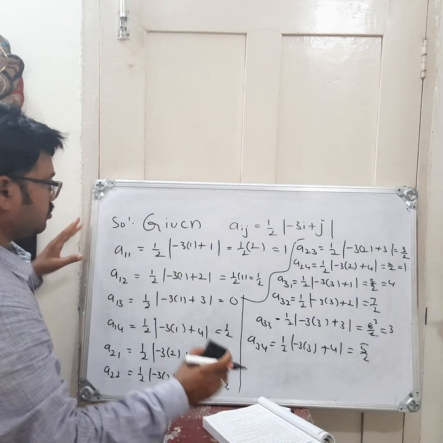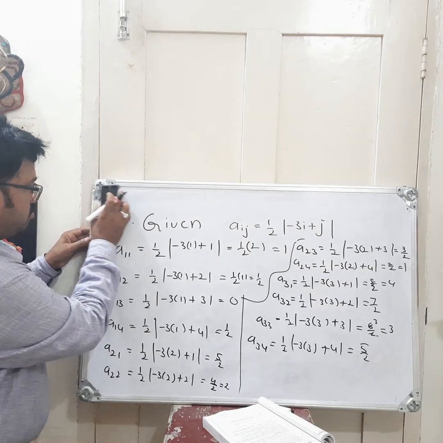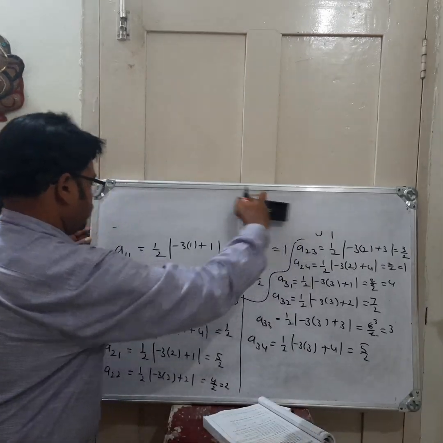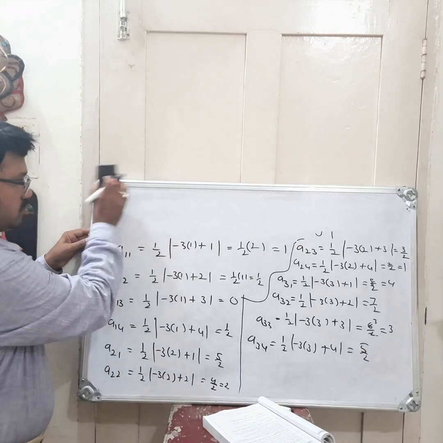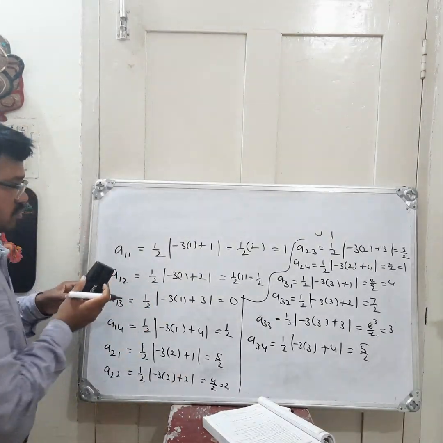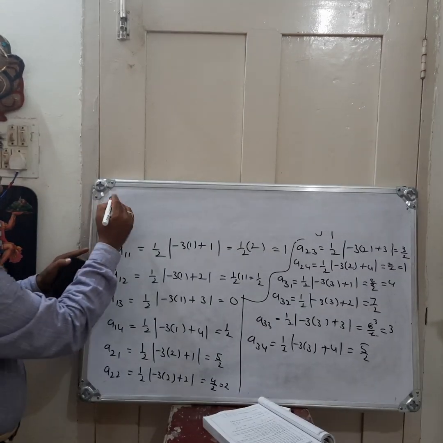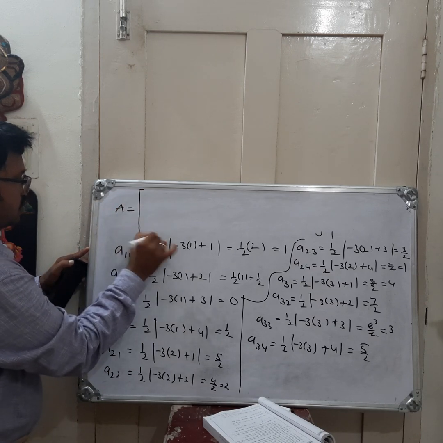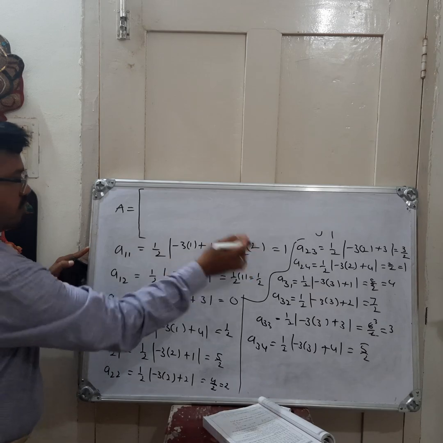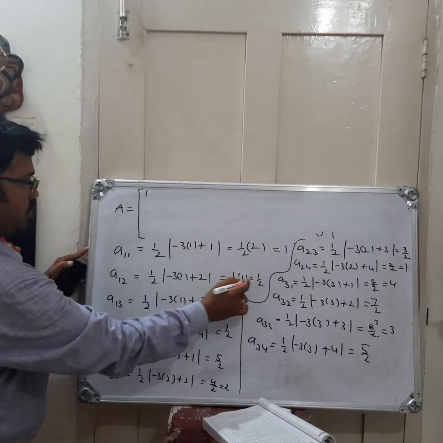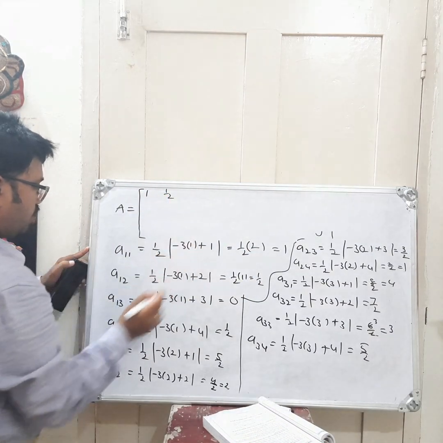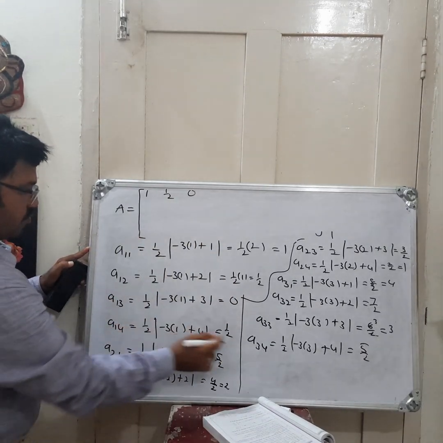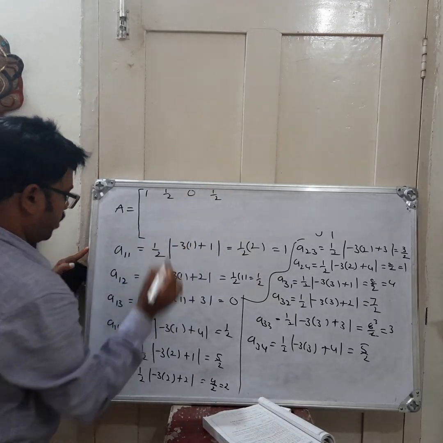Now see here, first A11 is 1, A12 is 1 by 2, A13 is 0, A14 is 1 by 2.